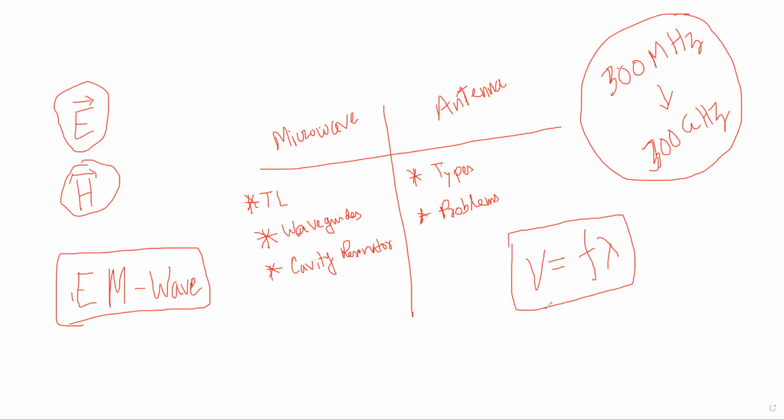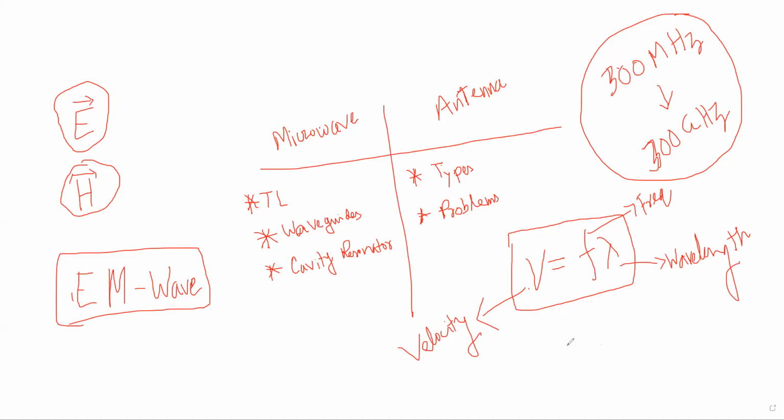V equal to F lambda. So V here, V is velocity. F is the frequency, and lambda is the wavelength. So V equal to velocity, F equal to frequency, lambda equal to wavelength.